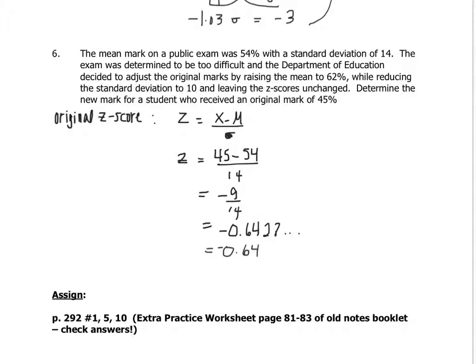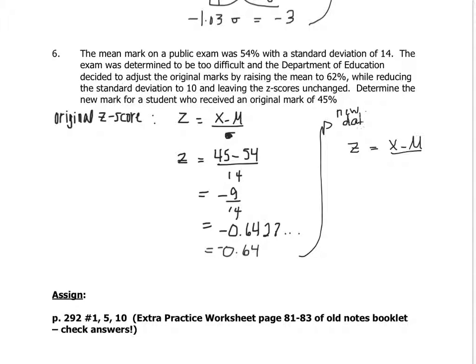So then when they made the adjustments, it says what would the new mark be? If we're looking for the new mark, we would use the z-score formula with the new data. I should say the new data, not the new mark, because we're going to find the new mark.